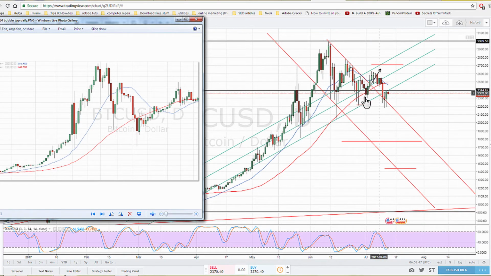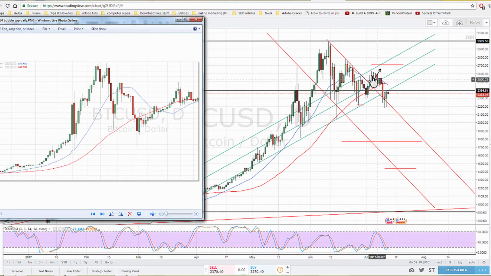Okay, so the reason for my prediction to think this was going to go to 2,700 and then go back into a bear market is because in the 2014 chart, after this crash, it went back up, making a double top with this lower peak of the bubble. After that, this peak here was the last peak before going into a very long bear market.